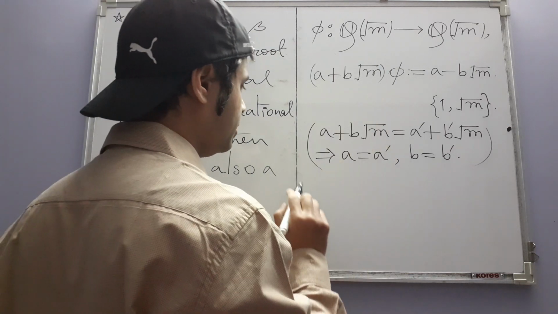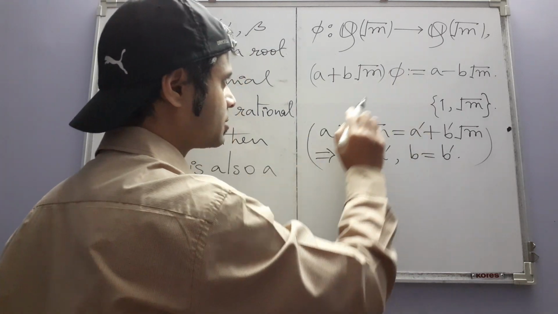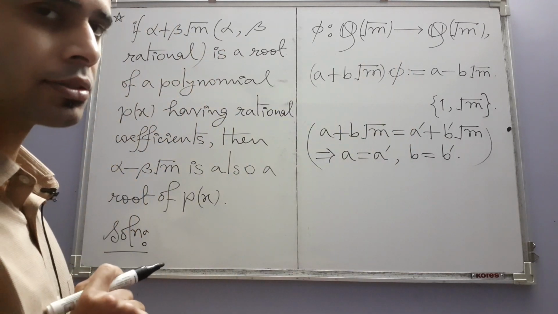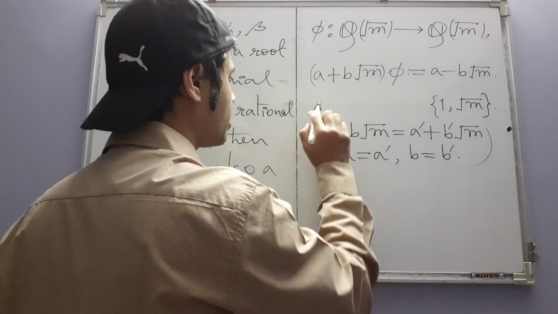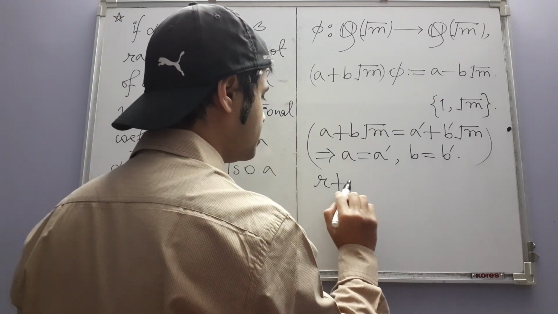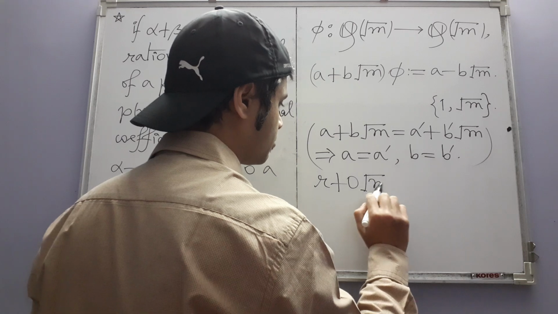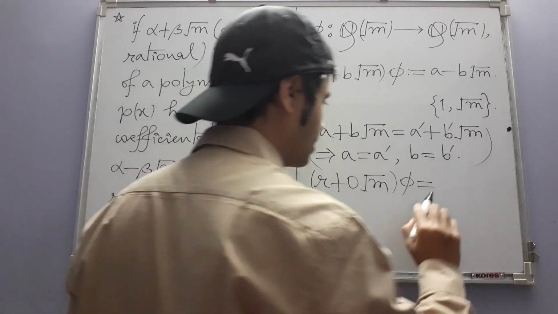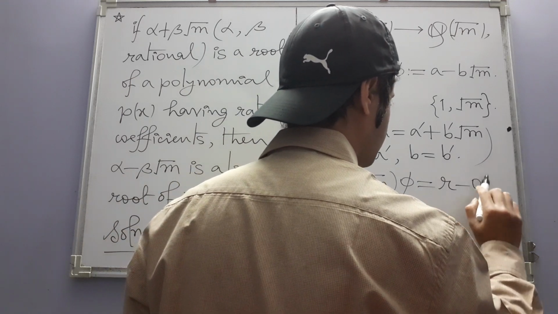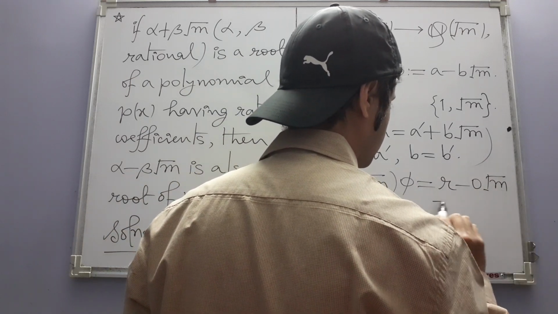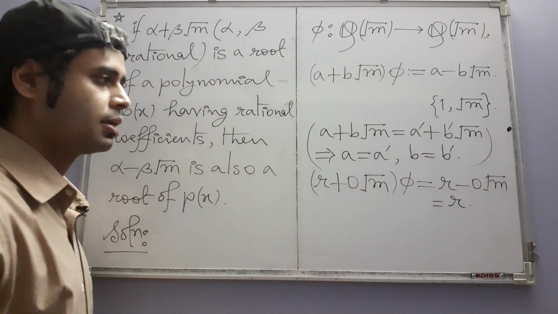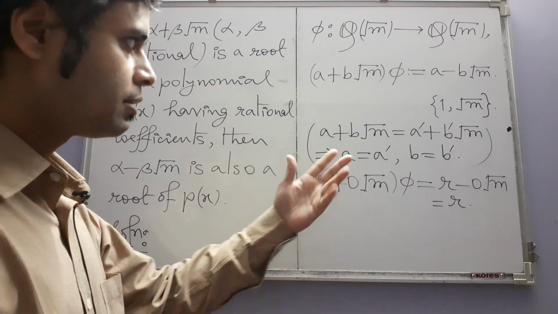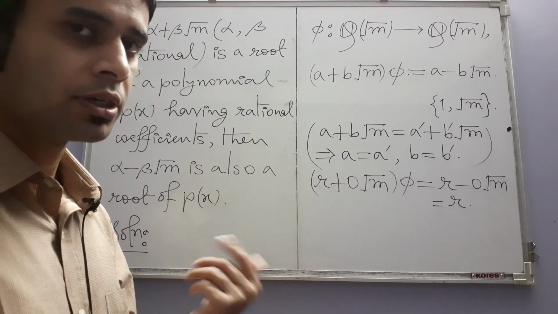One more thing that we need phi to have is that phi fixes every rational number, which it does, because any rational number r is of this form. According to the definition of phi, it will just be this, which is nothing but r itself. So r gets mapped by phi onto r itself. Then you can just apply the exercise 11 result.